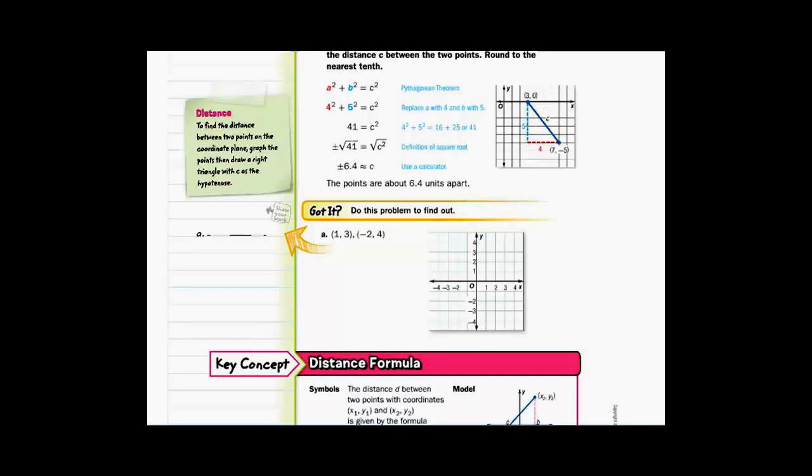Okay, so we've got 1, 3, and we've got -2, 4. Now, again, let me point this out before we go on further with this one.